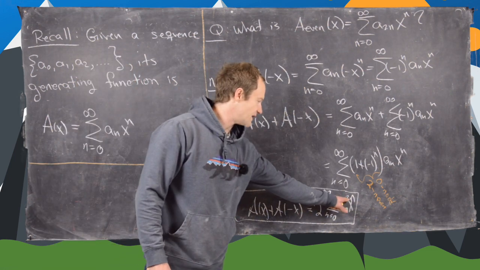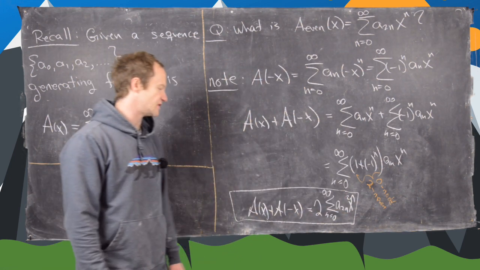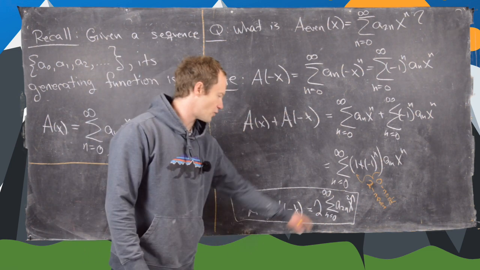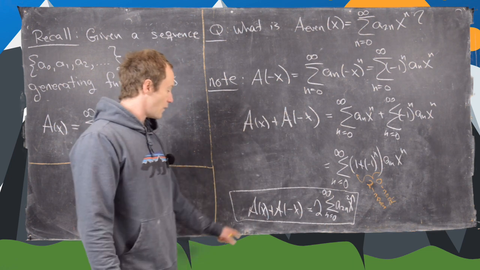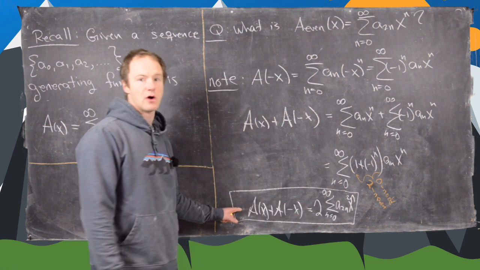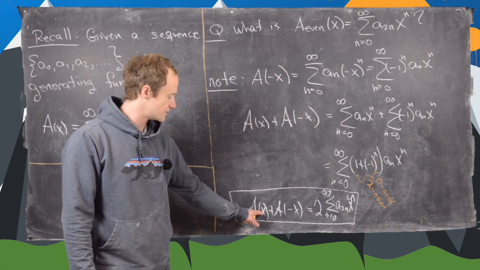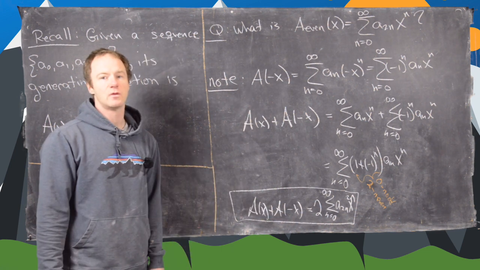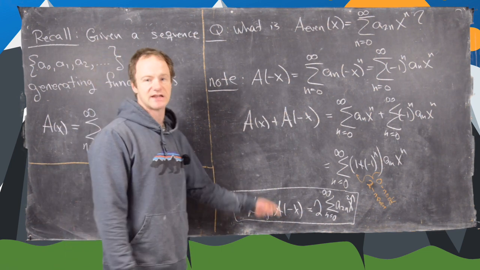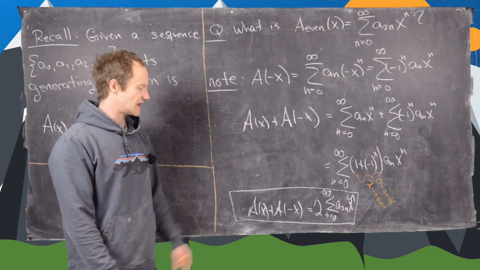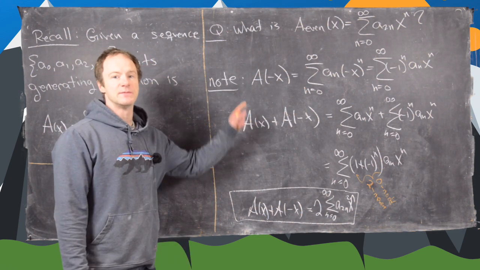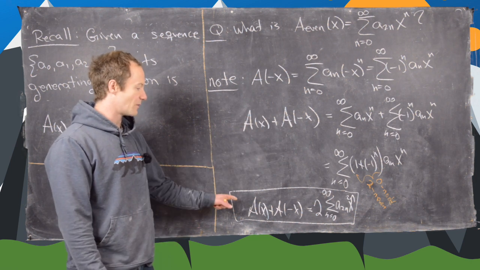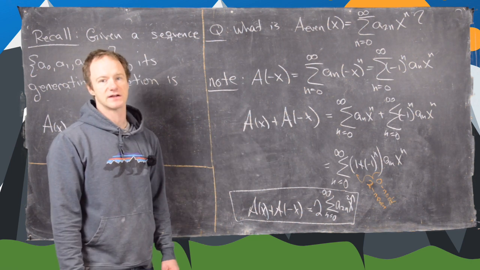And that is, we don't want a 2n up here, we just want an n up here, and we also don't want this coefficient 2 out front. So what we can do is divide this 2 over and then compose these generating functions with the square root of x instead of just x, and that's going to give us our final answer for this A_even. So what I'll do is I'll clean up the board and then we'll present that final answer.